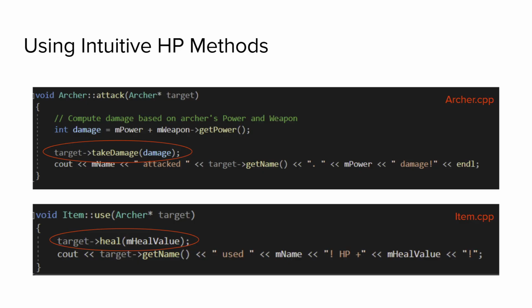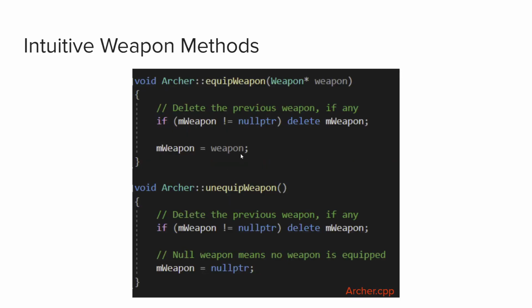Okay. So same thing with weapon. If you equip the weapon, you want to make sure that the previous M weapon is deleted, and then M weapon is equal to weapon. Then same thing here. If you unequip, you make sure that it is not a null pointer, then you delete it.